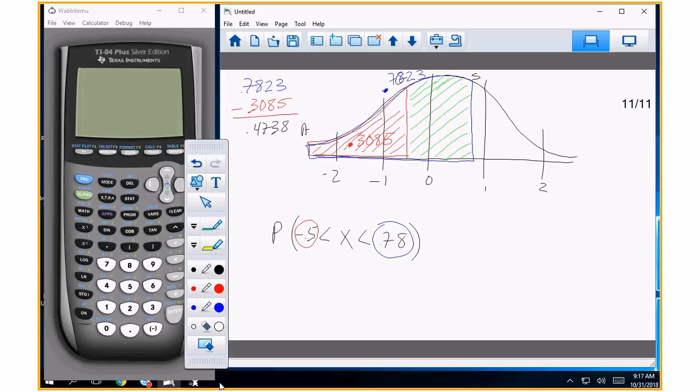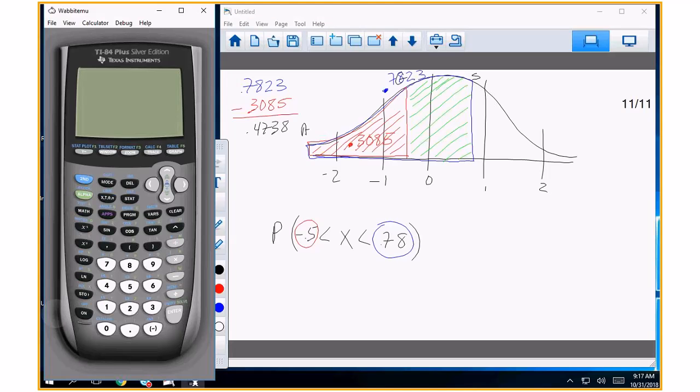Now, some of you that have a handy dandy calculator with normalcdf, let's go ahead and punch it in. I'm just going to type in second, enter, and type in negative 0.5, and to keep from having to delete, 0.5, like that.